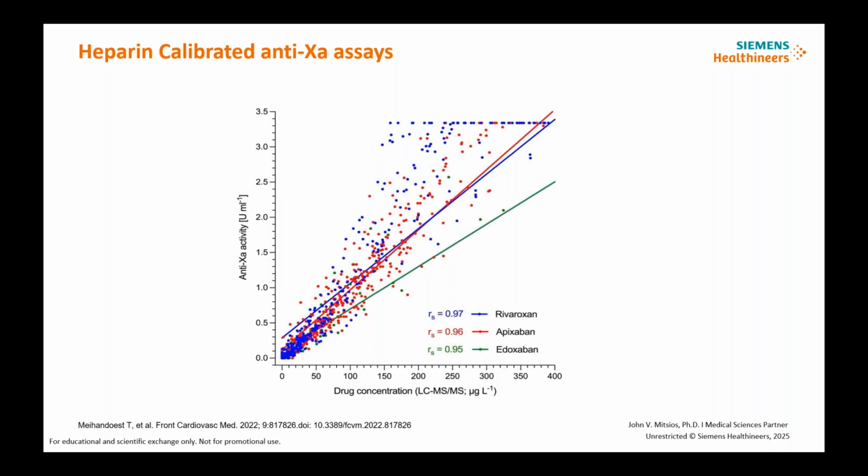Because when we think about now transitioning to DOAC testing specifically, this just shows you the three anticoagulants, the three 10A inhibitors, right? Rivaroxaban, apixaban, and edoxaban, all quantified by mass spectrometry. And then when you run the anti-10A assay, which you see on the y-axis, you can see there's a good distribution.